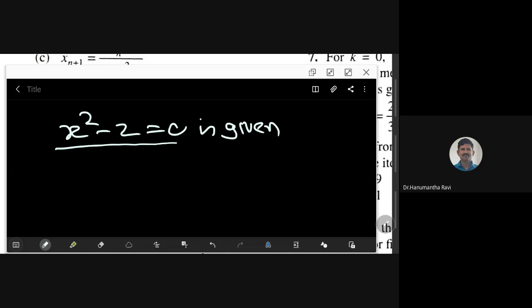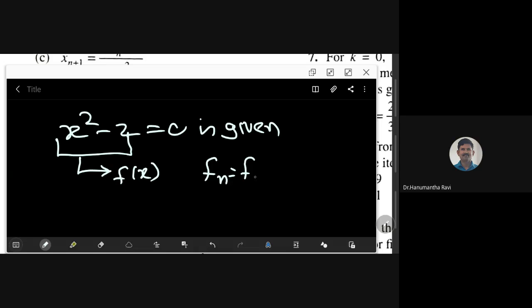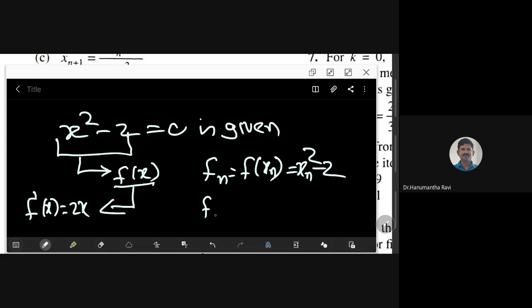This part is f of x. So what is fn? Fn is f of xn. Now from this one, what is f dash x? 2x. So what is fn dash? Nothing but 2xn.